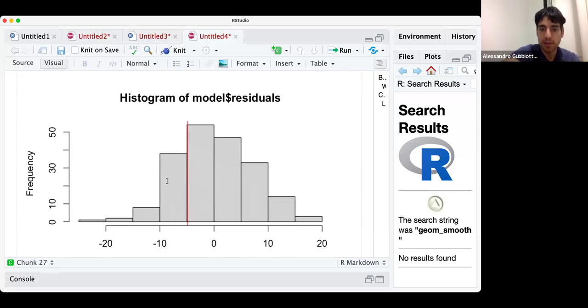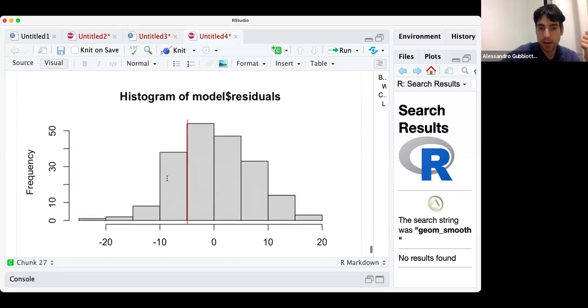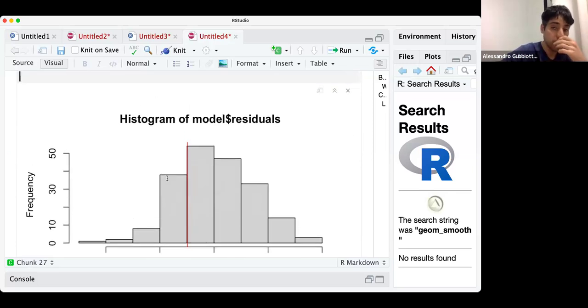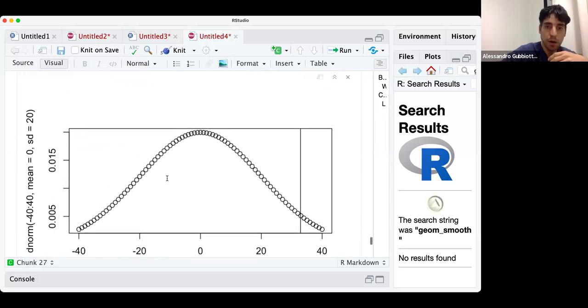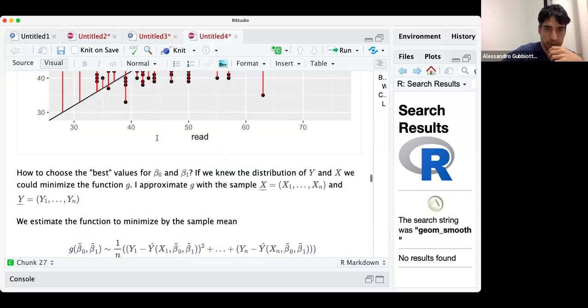Now, how much does this distribution differ from the normal distribution? Well, you can get a hint by plotting the quantiles of the normal distribution versus the quantiles of the residuals. So we go back to the plot.